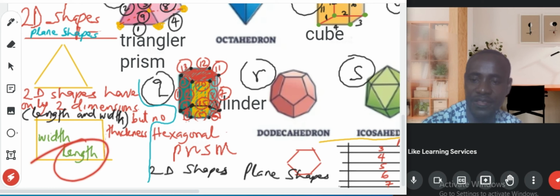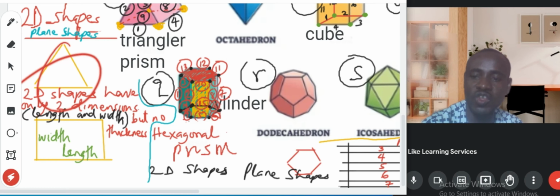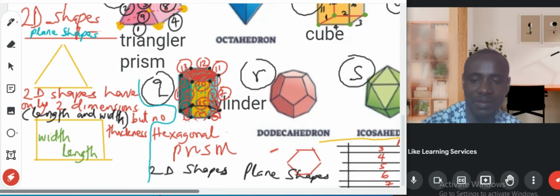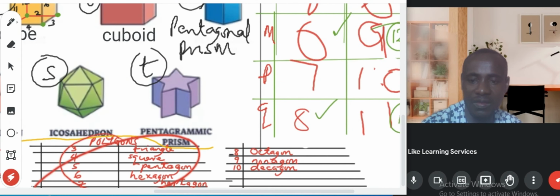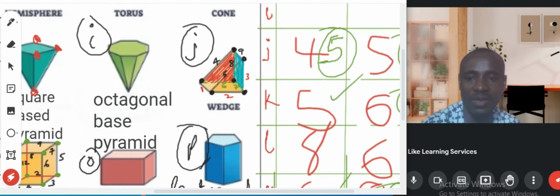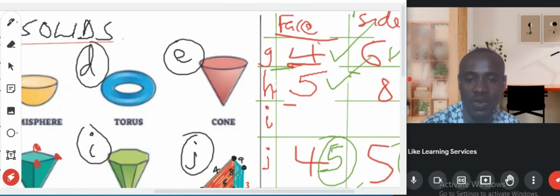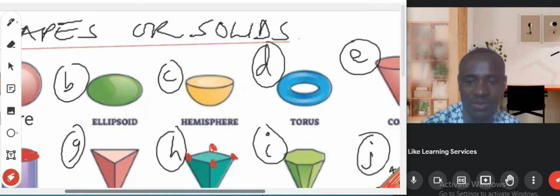Flat, length and width. All 2D shapes, whether it's a hexagon or these polygons, have only 2 dimensions, length and width. But when you're talking about 3D shapes or solids, it has a thickness, so there will be 3 dimensions.